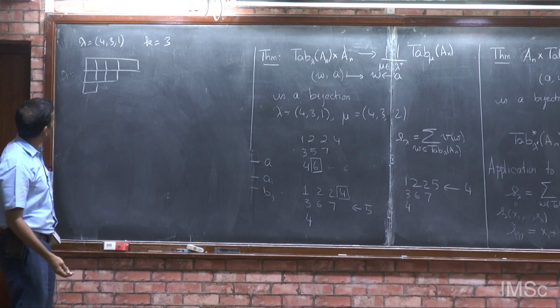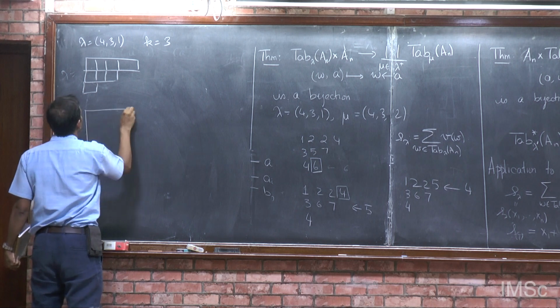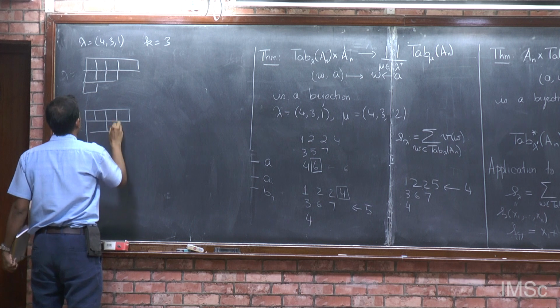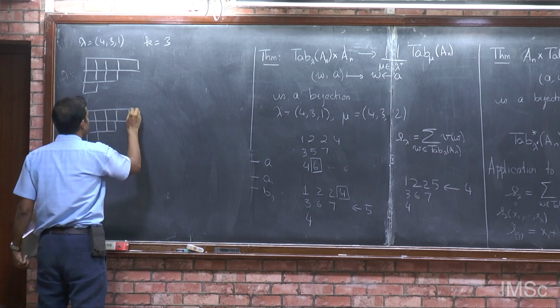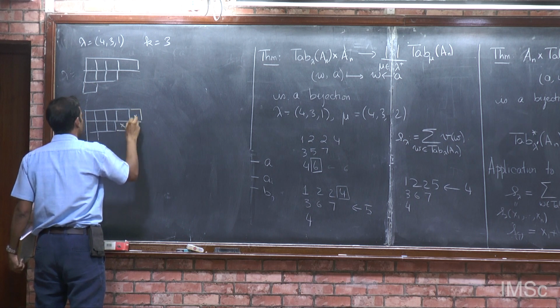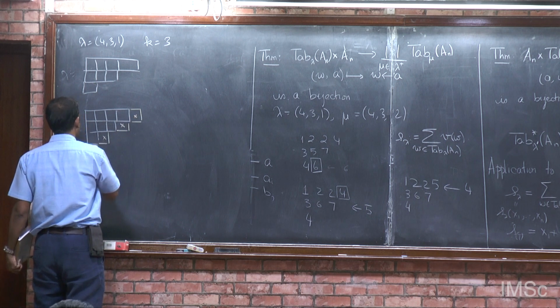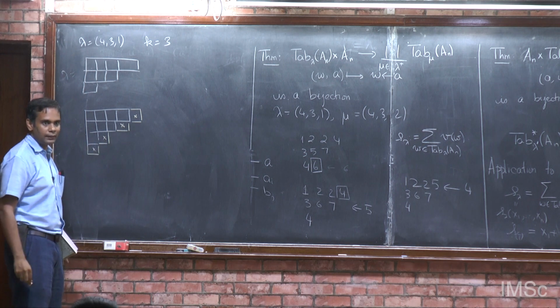The only condition is, so the first box I have several ways of adding it. I could add it here, or here, or here, or here. I have 4 choices for the first box.